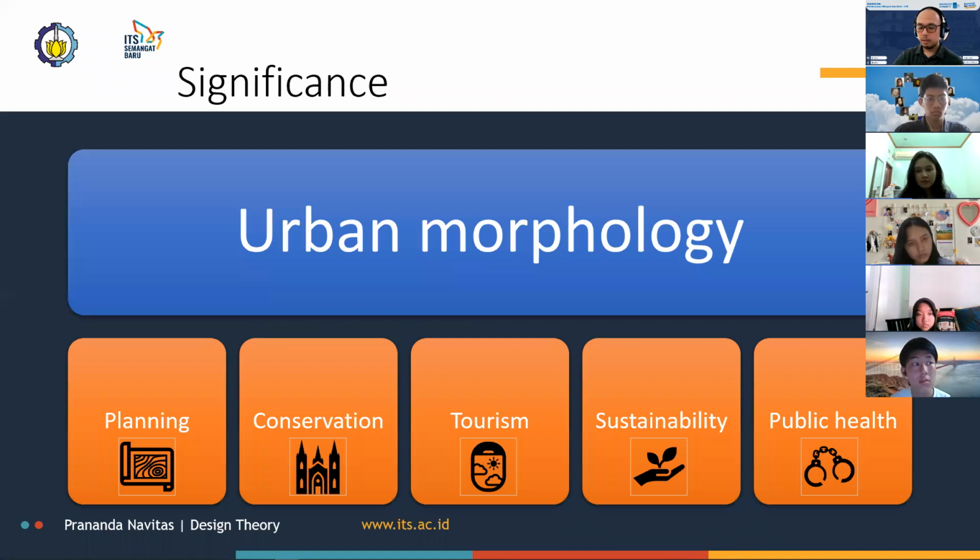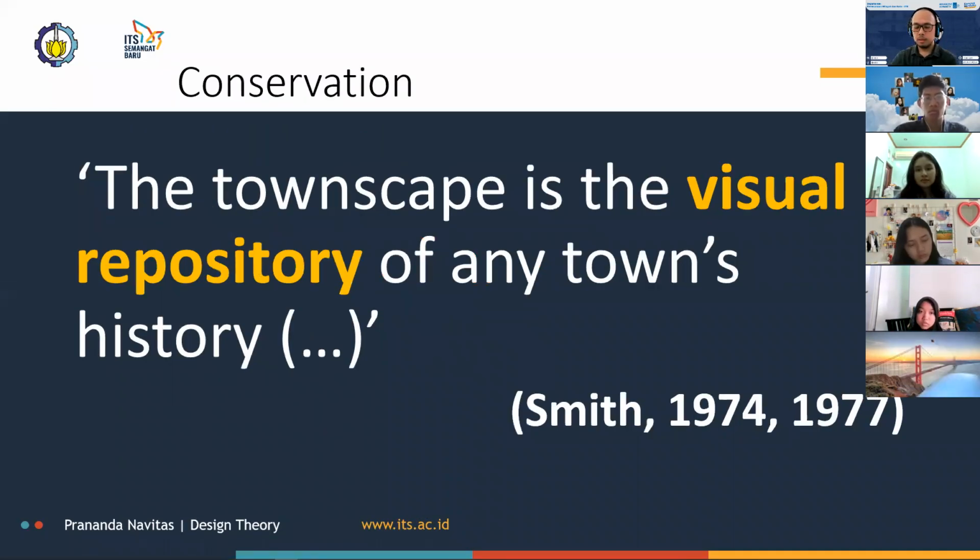And in conservation, I guess the shape of a city or the townscape is a visual repository of any town's history.